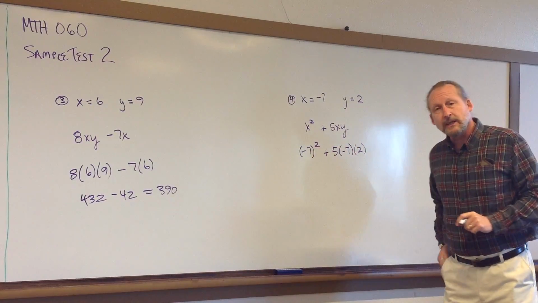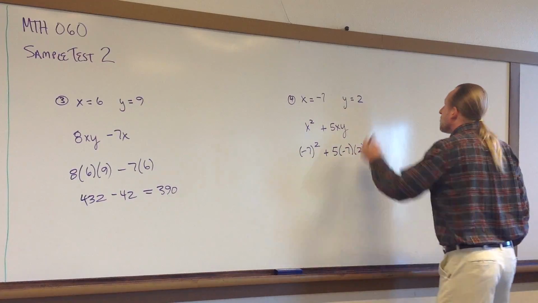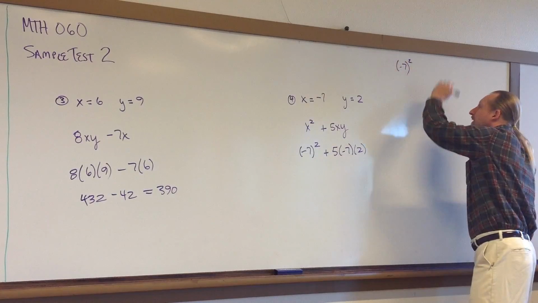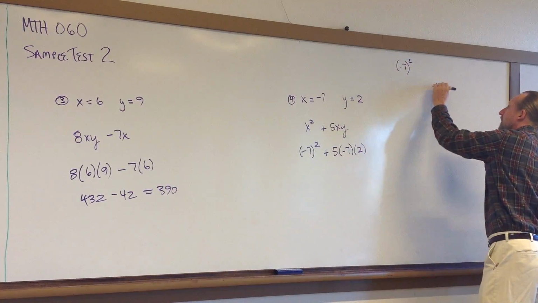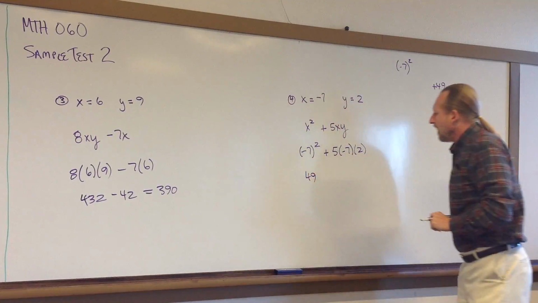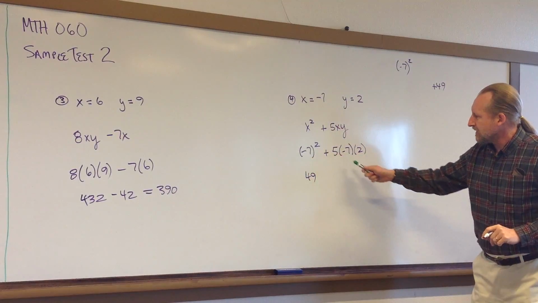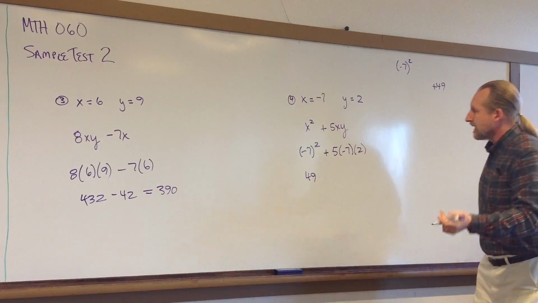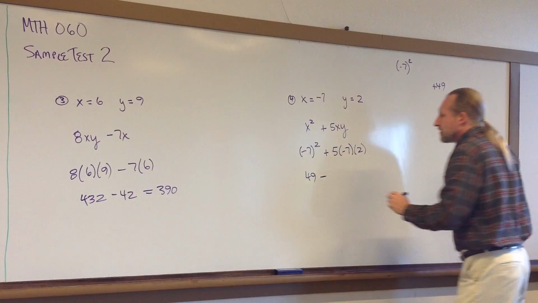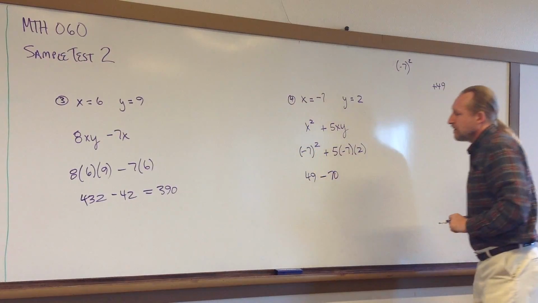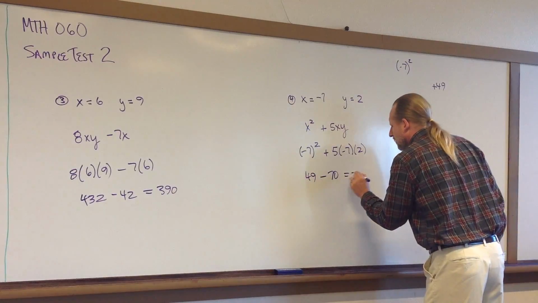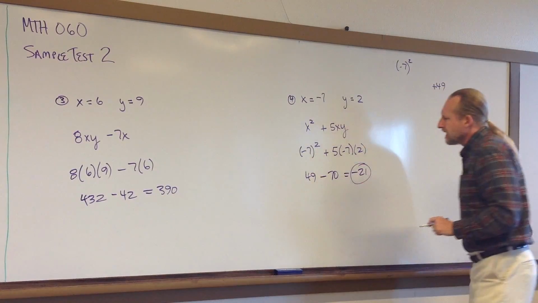So, if you calculate the negative 7 squared on a calculator, it's important to put the negative 7 inside parentheses so that when you square it, you'll come out with a positive answer, positive 49. Here you're getting a positive times a negative times a positive, so we're going to get a negative answer out of this. And 5 times 7 times 2 should give us 70. Let's see, 49 minus 70, looks like it should be negative 21.